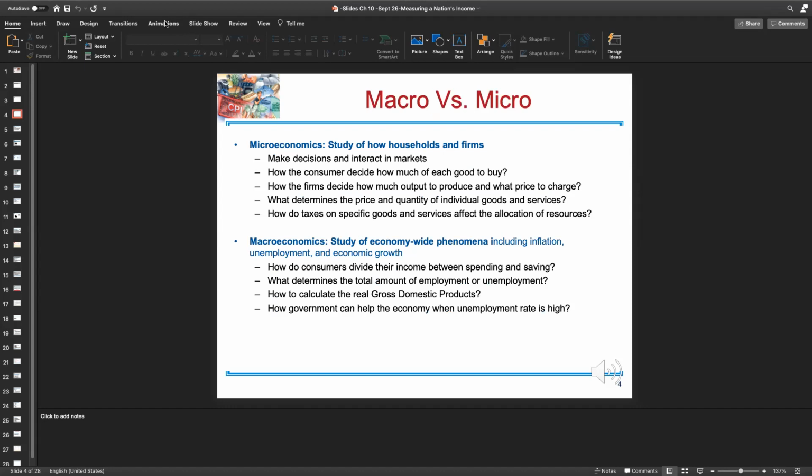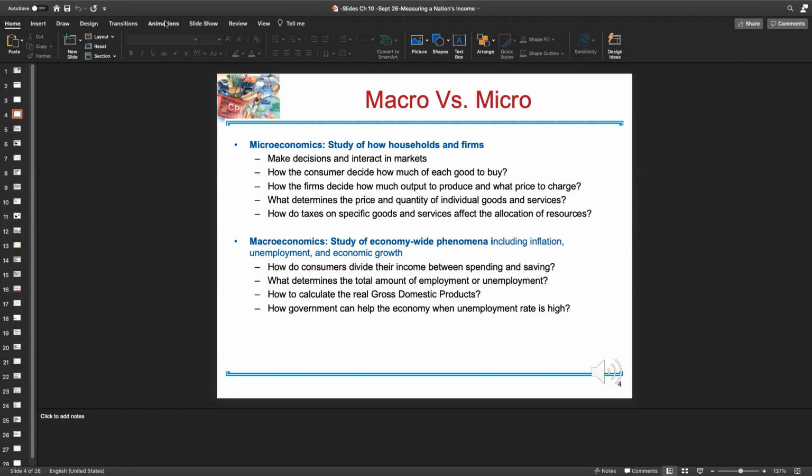But before moving to macroeconomics, let's review the differentiation between macro and microeconomics. In microeconomics, as you know, we study how households and firms make decisions and interact in markets.